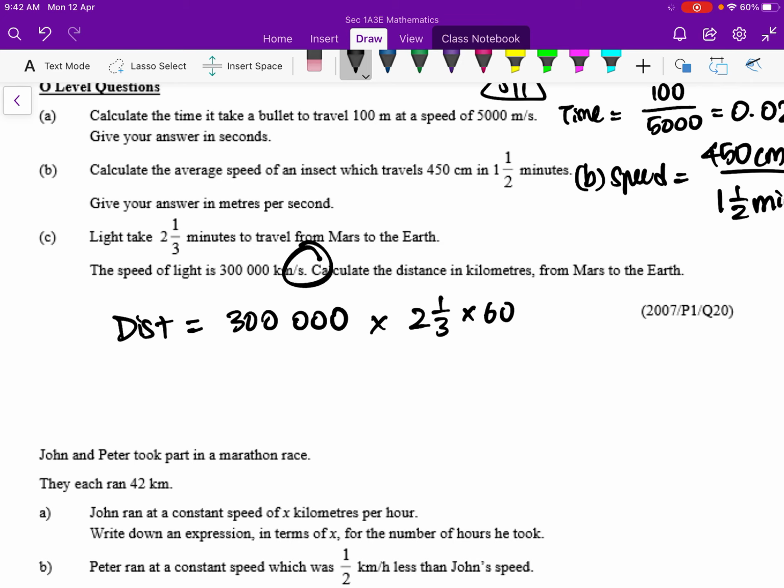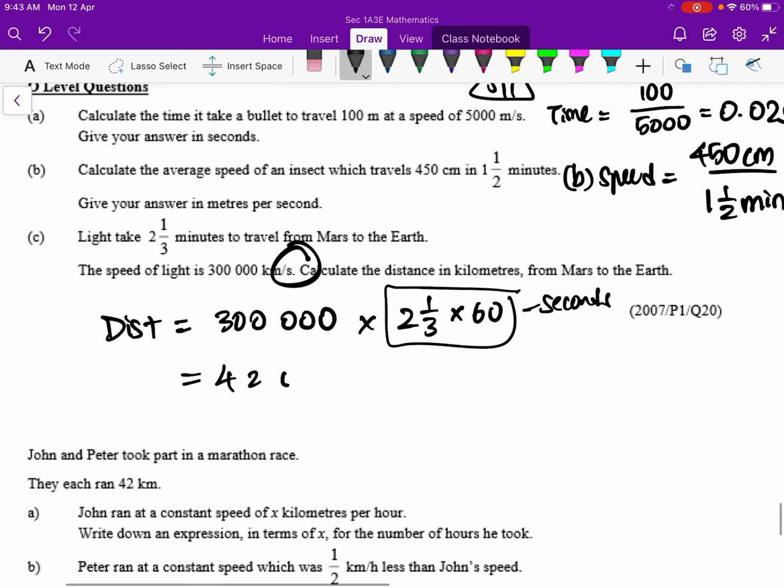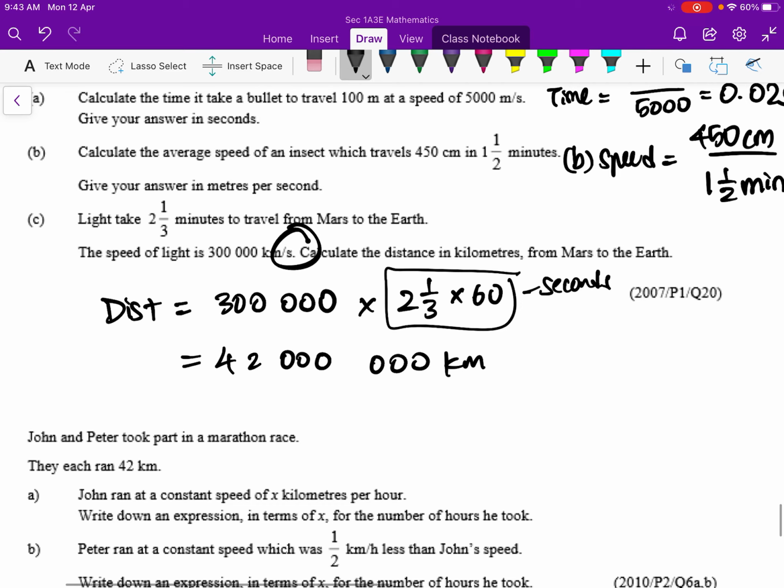So change this to seconds. Wow. Okay? Very far away.